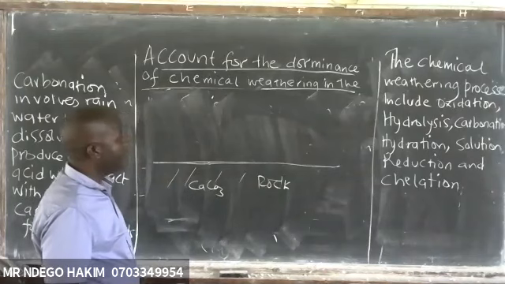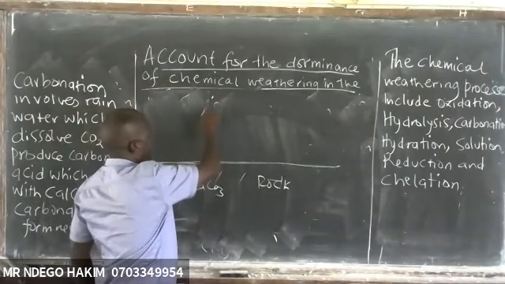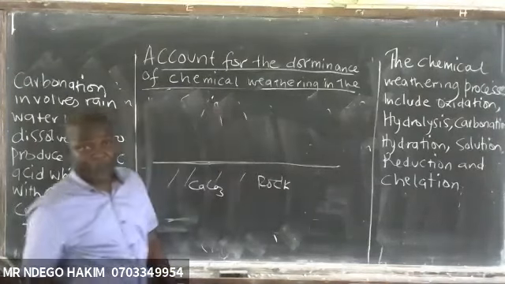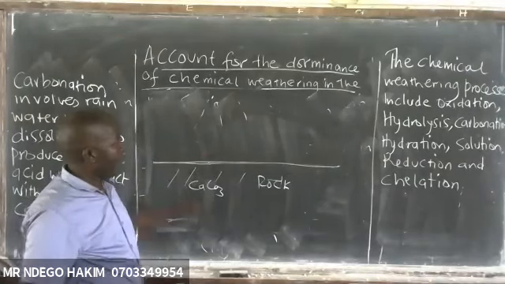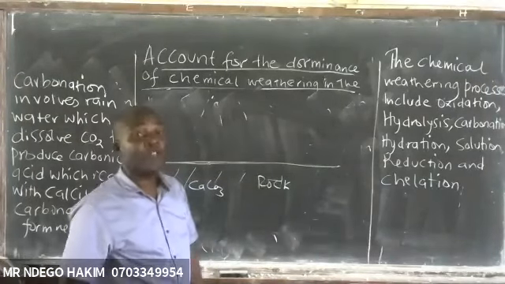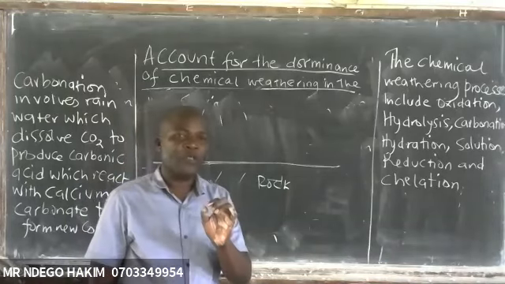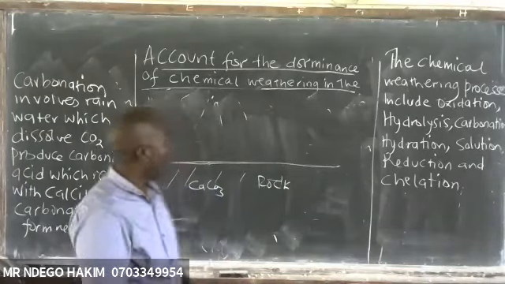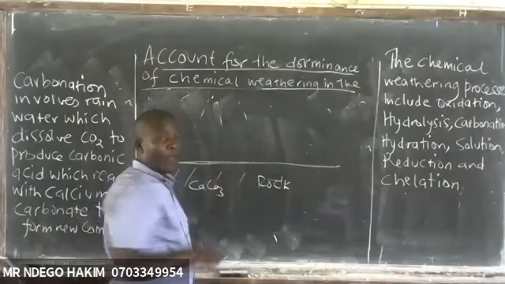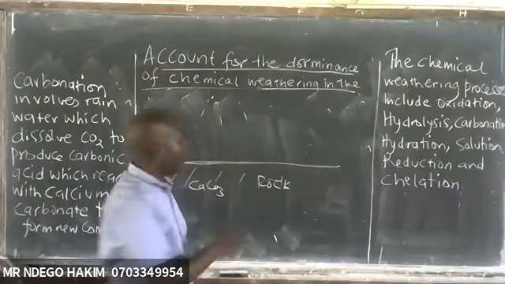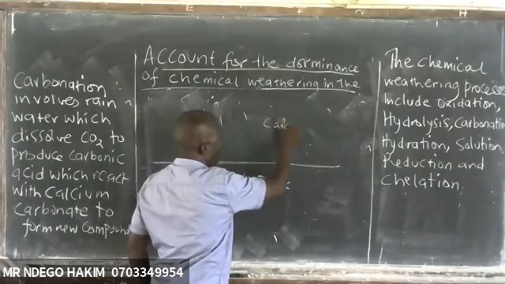So what happens when it rains? That rainwater will dissolve some gases in the atmosphere, and in the atmosphere there is the gas carbon dioxide. So rainwater will dissolve carbon dioxide to form carbonic acid.